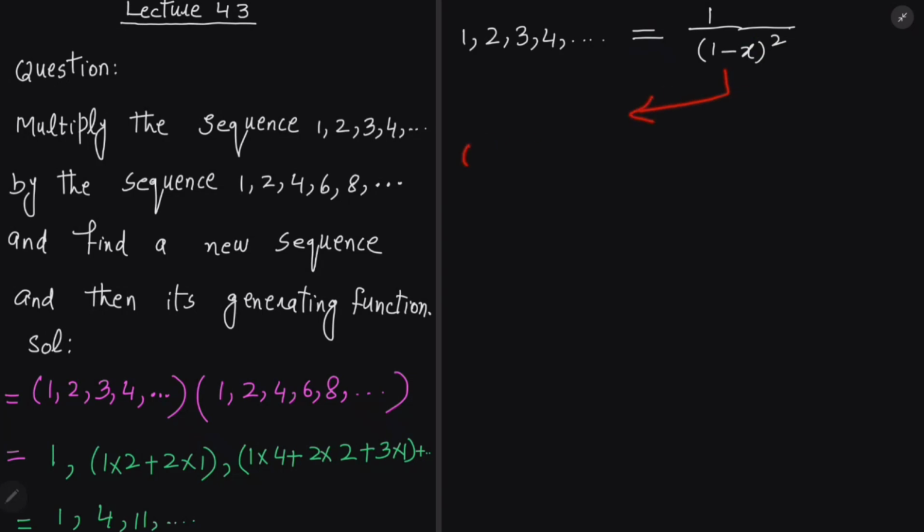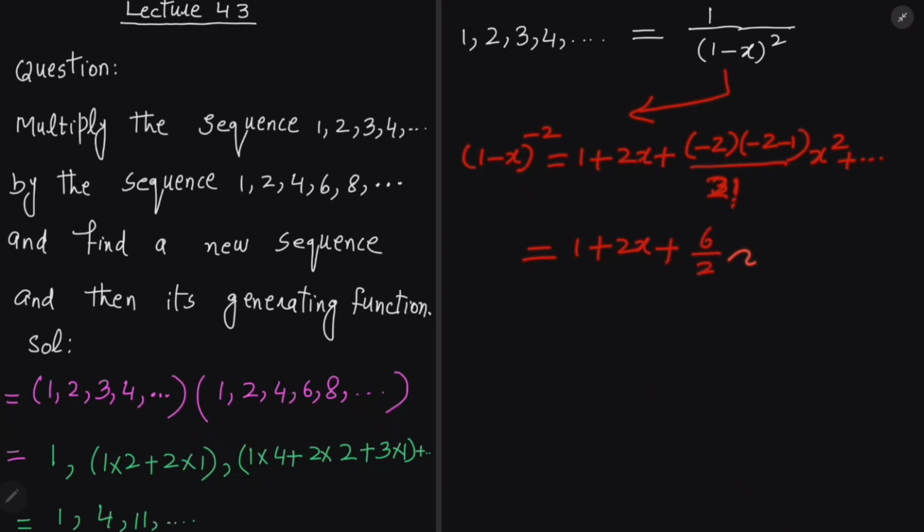For example, it can be written as (1 minus x) to the power minus 2, which is 1 plus 2x plus (minus 2)(minus 2 minus 1) divided by 2 factorial x squared plus so on, which is 1 plus 2x plus 6 by 2 x squared, so 1 plus 2x plus 3x squared plus so on. So you can see that the sequence you get is the same as the coefficients written over here.